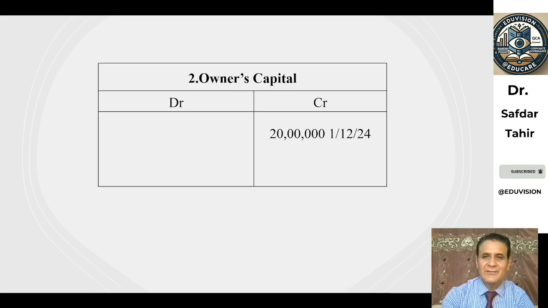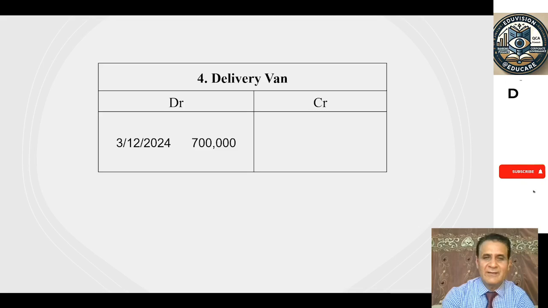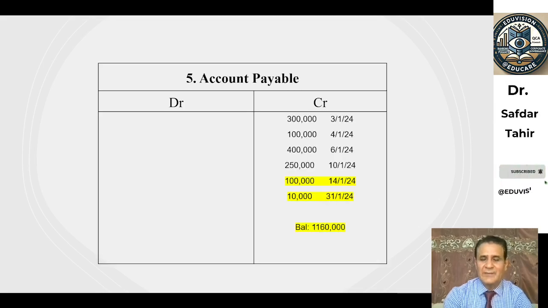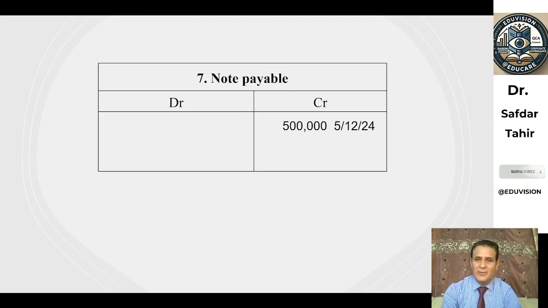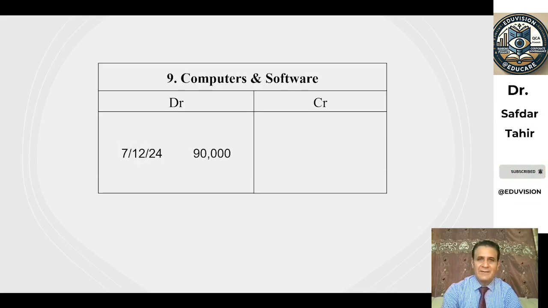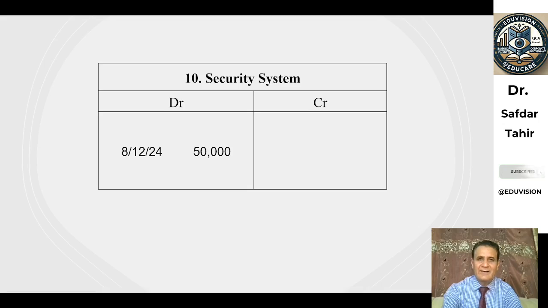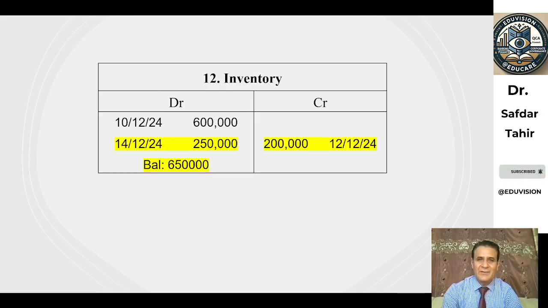This ledger account shows 20 lakh rupees balance, office equipment 1 lakh 50,000, delivery 7 lakh, accounts payable 11 lakh 60,000, furniture 1 lakh, notes payable 5 lakh, building 12 lakh, computer software 90,000, security system 50,000, shop shelves and display unit 1 lakh 20,000.